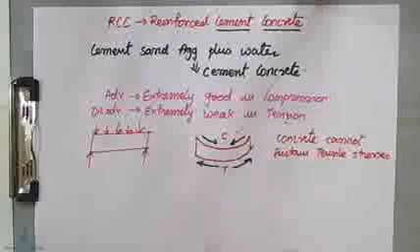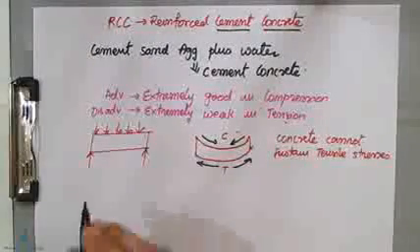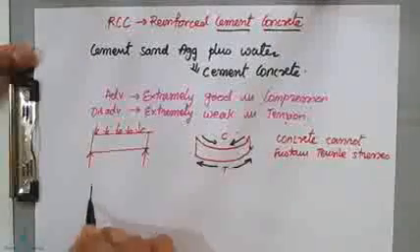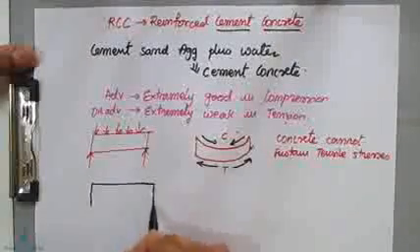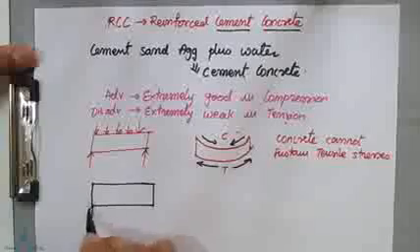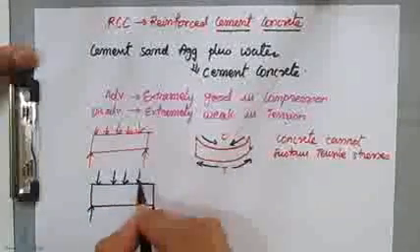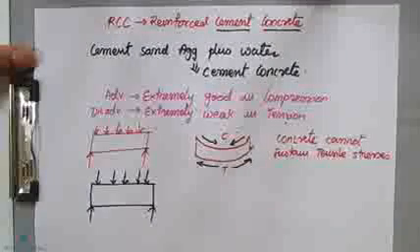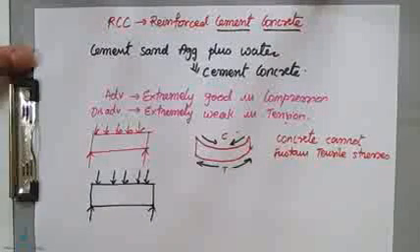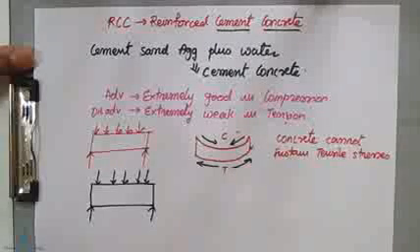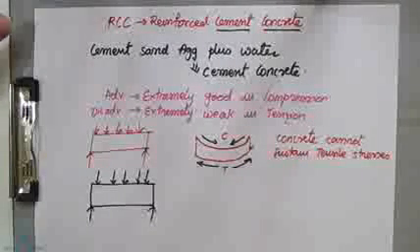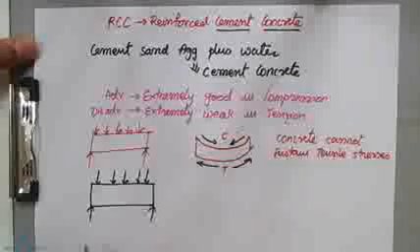Now again we'll take one example of a beam which is simply supported, again undergoing the same amount of load. Now I will take one more material which is good in tension, and the material which comes to mind is steel.